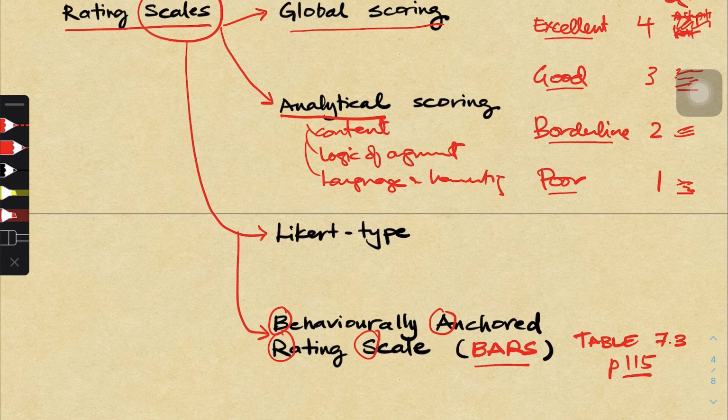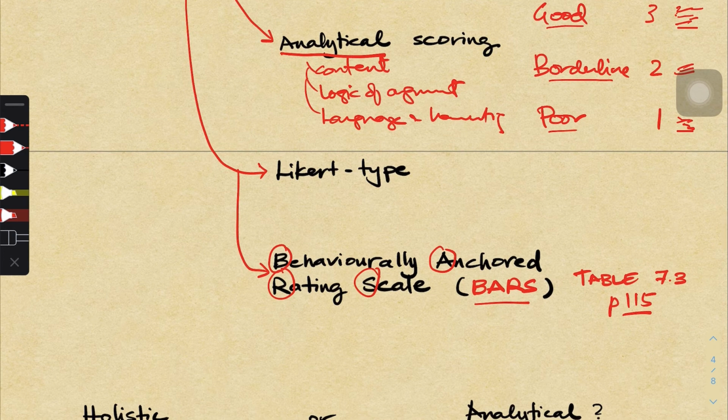In the BARS, there is the scale and the description of the scale, the name, and then you have the domains. In the example, it says factual accuracy, structural relationships, and the writing. It happens to be an anatomy question.